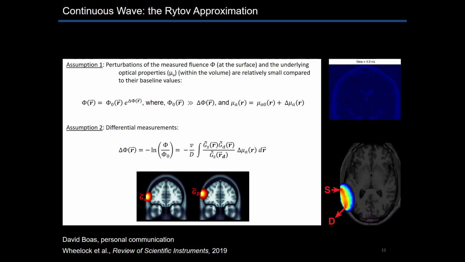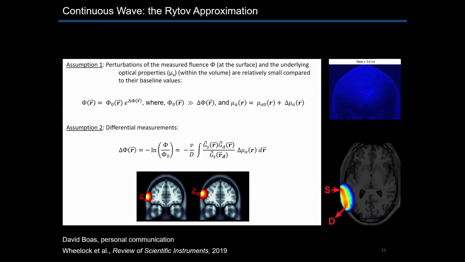So we look at our data differentially. Changes in the fluence are related to the negative log of our time trace of fluence divided by some baseline. For our data, we usually use just the average of the data that you collected as the baseline, with the knowledge being that your brain, unless you had a stroke and blood is collecting in part of your head, is like if you look at the fMRI data also, time traces go up and down around a reasonably defined median.